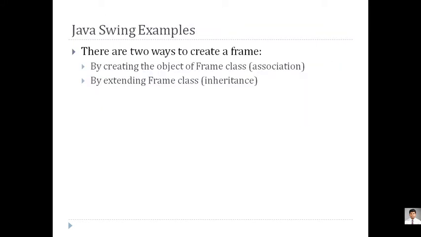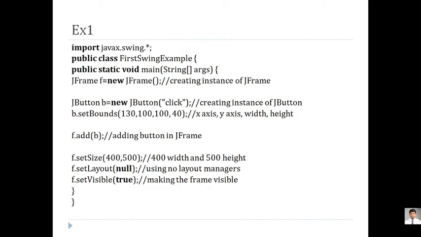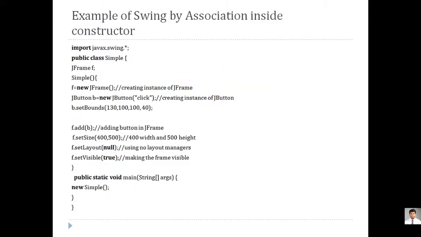We have seen yesterday that in two ways we can use a frame, that is your container class: by association, and second by inheritance, that is you can extend the JFrame class in your program, just like we have seen in AWT. Yesterday we saw one simple example of how a button can be displayed on a screen. We also saw how association is done by directly creating the object of a JFrame and then using it directly.